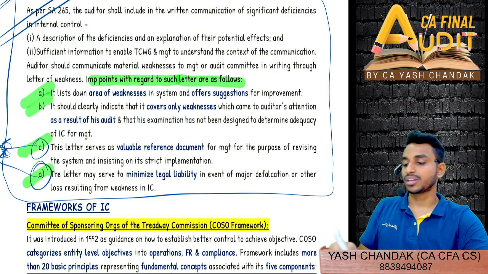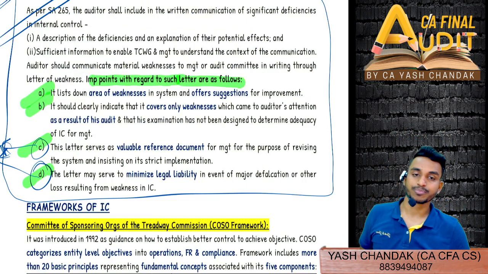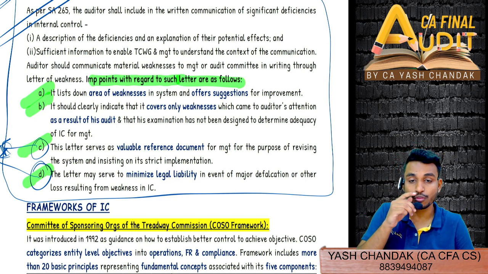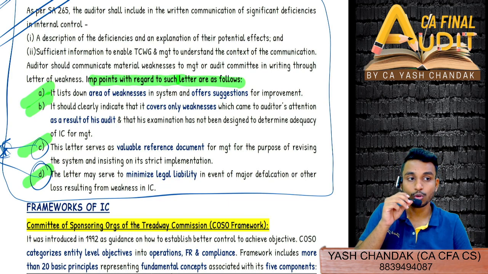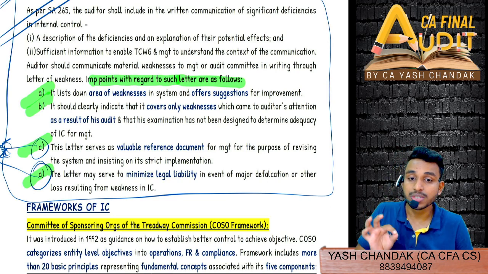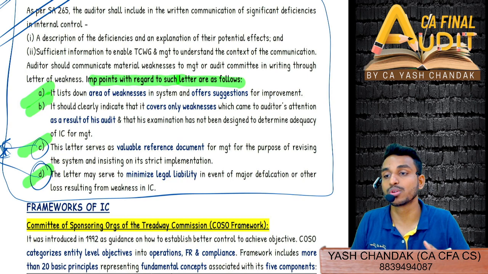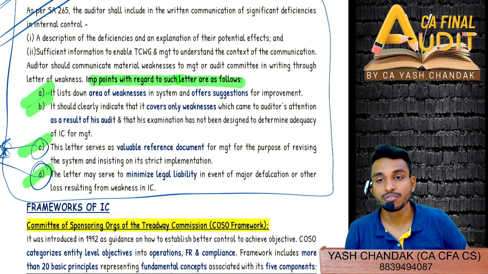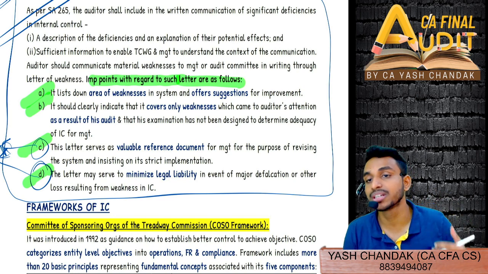So that is what we studied in SA 265 also. In the letter of weakness, whenever you communicate the weaknesses you find in the internal controls, you communicate the same to the management, but stating that our objective was not to check the internal controls or to give an opinion on the operating effectiveness of the internal controls. We are not here to check the adequacy of internal controls.